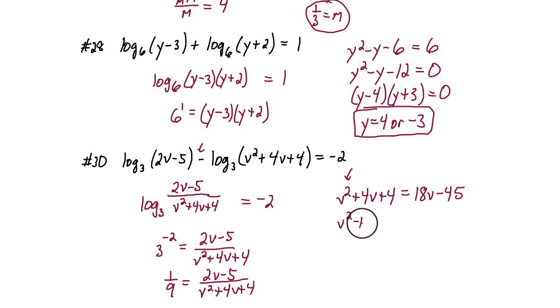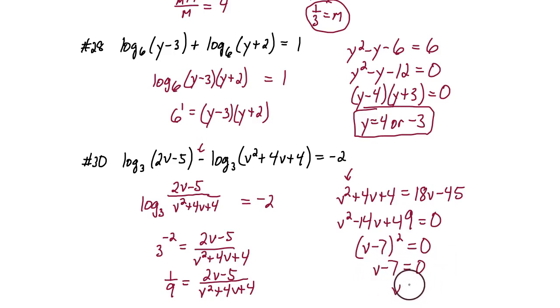Subtract the 18v and add the 45. We can solve this using factoring. This is (v minus 7) squared is equal to 0. Take the square root of both sides, and we get that v is equal to 7.